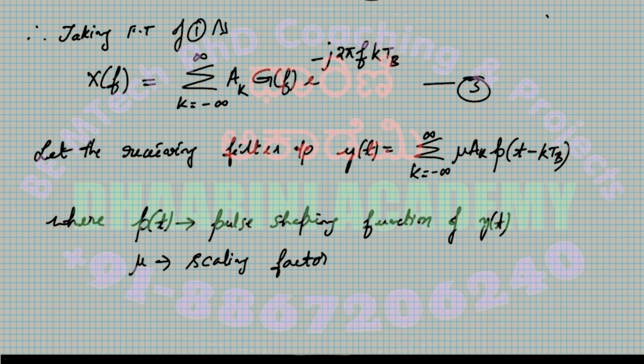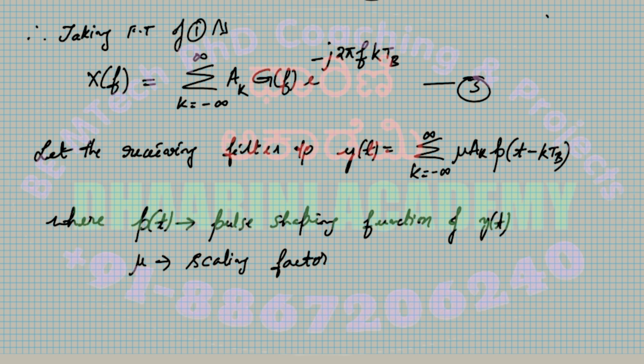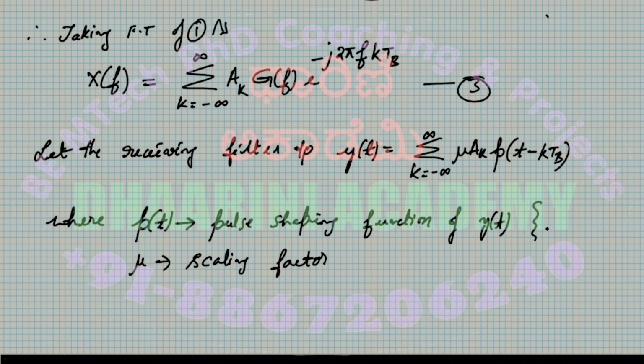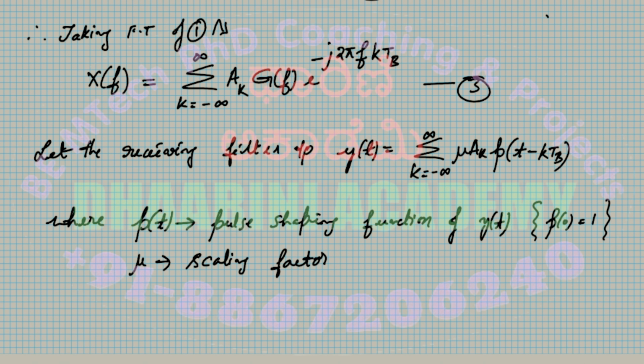You have a scaling factor which brings your amplitude ak to mu into ak. All right. Then again, I'll assume one more thing here, like we did earlier. P of 0 should be equal to 1. Other than that, the right side or left side of the P, it can be anything. That's absolutely fine. Okay, right. Now, anyway, ak is known to us, so I don't have to write that. So I had to write what is mu, what is P, we wrote that.